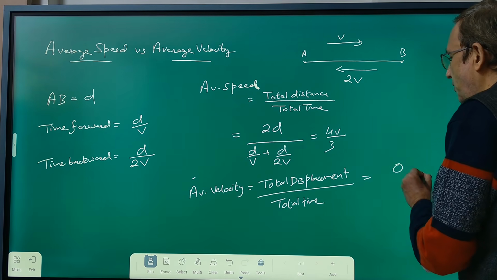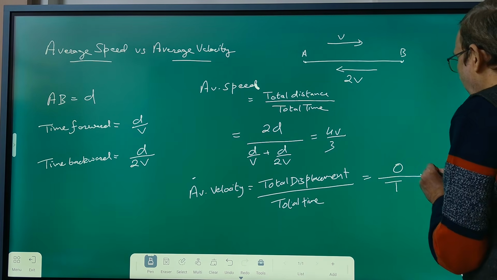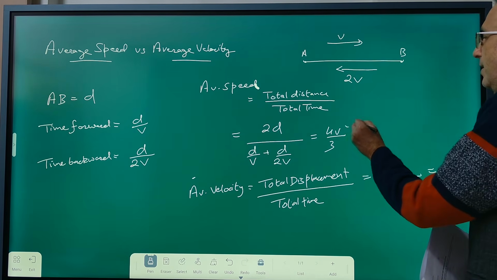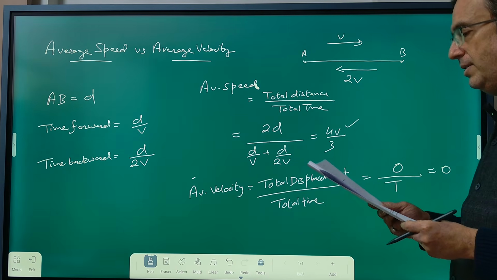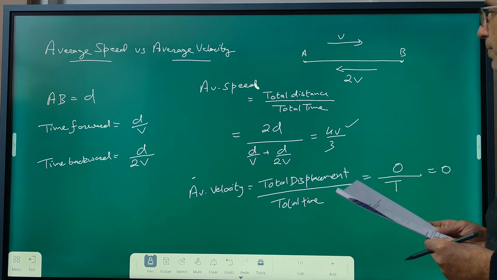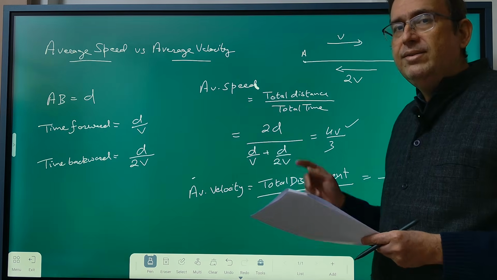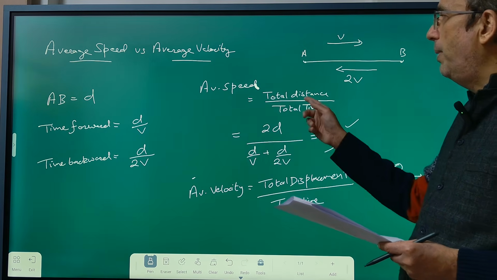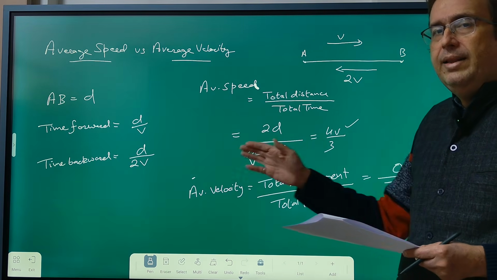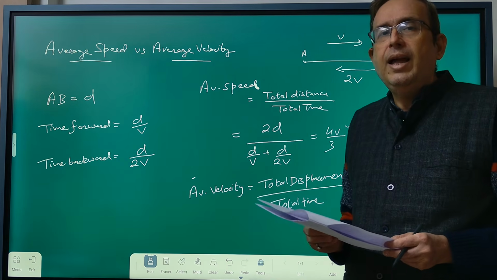So the total displacement is 0, and whatever is the time t for that, you will get this as 0. So the average velocity is 0, average speed is 4v by 3. So this is how you calculate average speed and average velocity. The net displacement turns out to be 0, so the average velocity turns out to be 0, whereas the average speed you calculate by total distance divided by total time. So you have to calculate the total time, and then you divide total distance by total time, and you get the average speed.